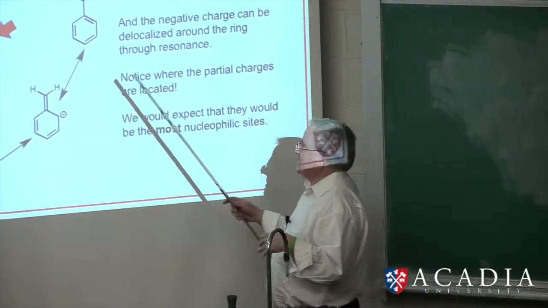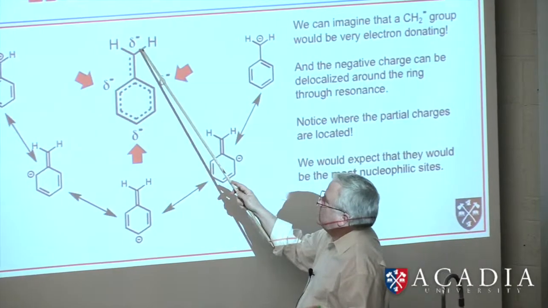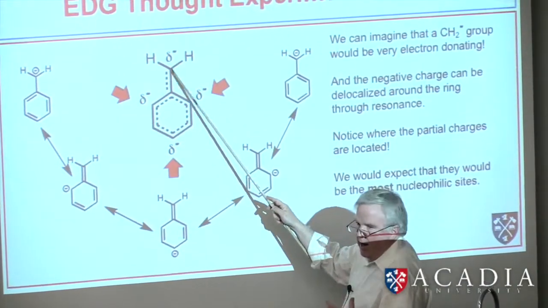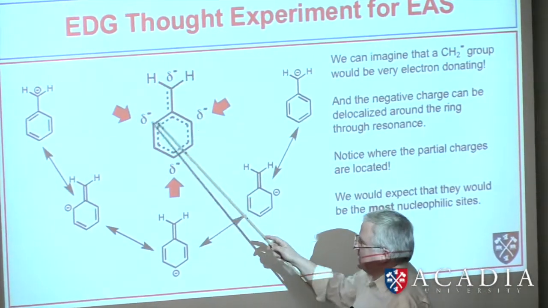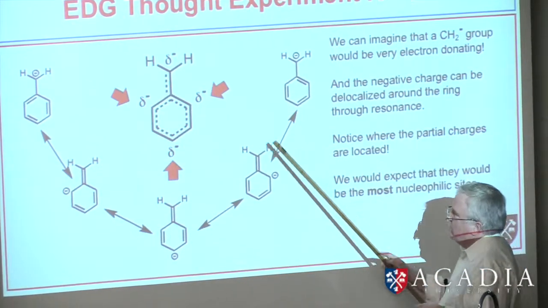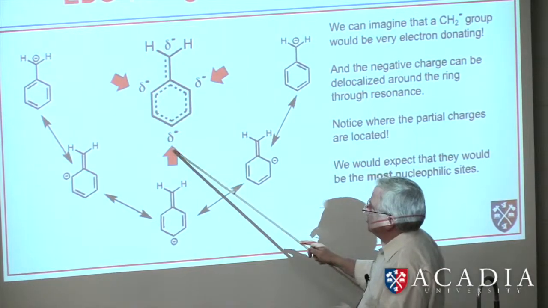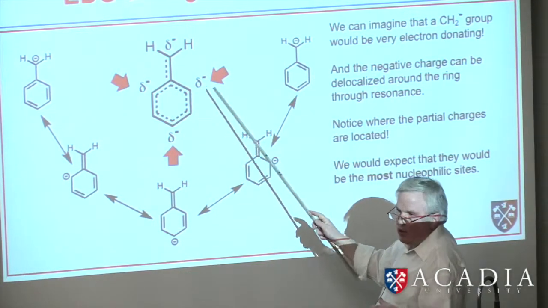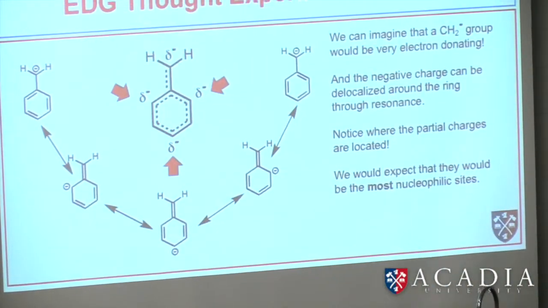Then we did a thought experiment where we imagined that a very good donating group would be CH2 minus, a negatively charged group, and we looked at how we can distribute that charge around the ring, and we find that the ortho and para positions are the most reactive sites on the ring.